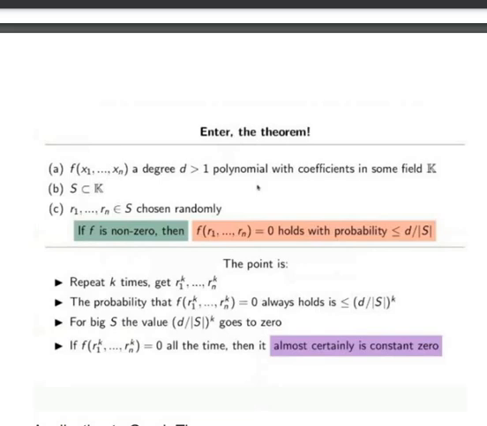So to find a zero polynomial, just take your favorite field, or finite field, for example, or actually any field you want, and evaluate it at a few points. If it spits out 0 often enough, you're almost 100% certain that your polynomial was 0.